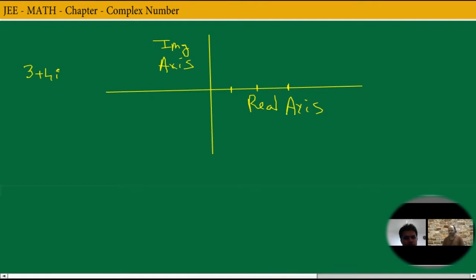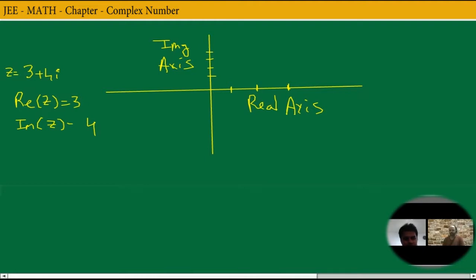Why? Because if this is considered as z, then Re z is equal to 3. And what about Im z? Positive 4. Okay. So along the x-axis we will move 3 units, and along the imaginary axis, how many units can you tell me? 4 units. Perfect.